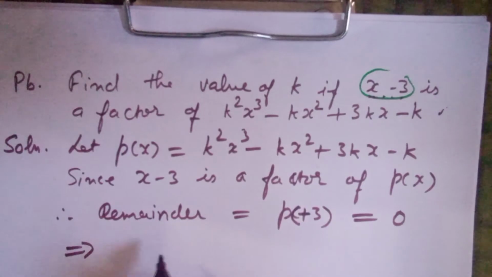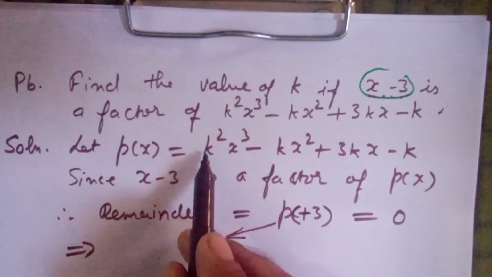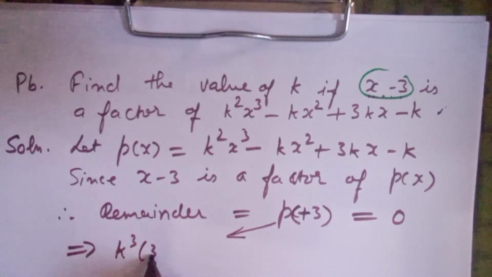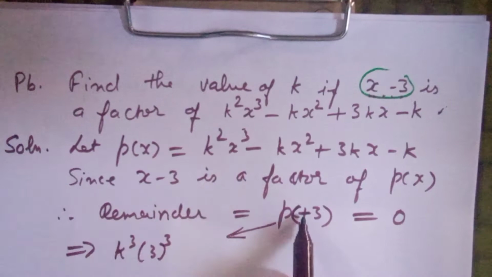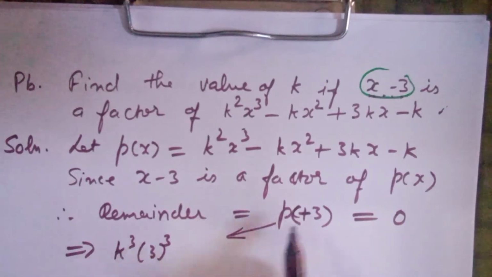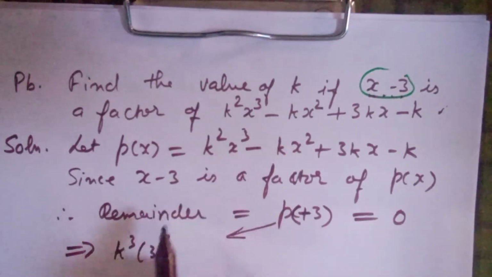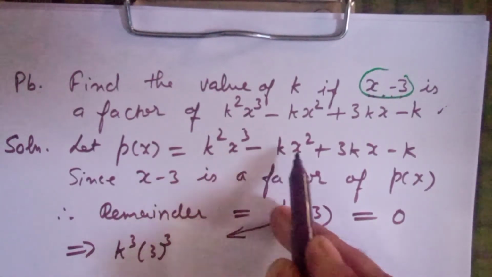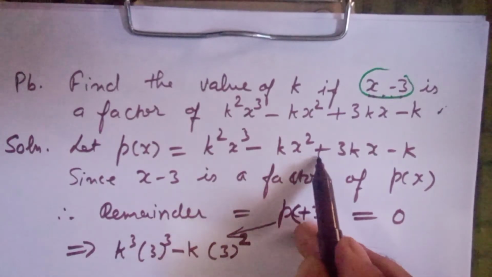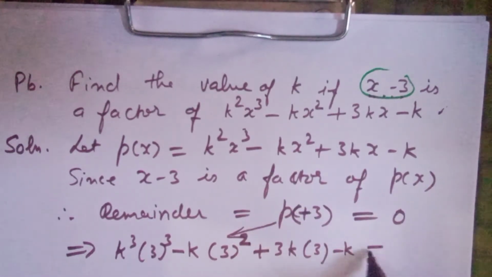So remainder is equal to k square 3 cube minus k 3 square plus 3k times 3 minus k is equal to 0.